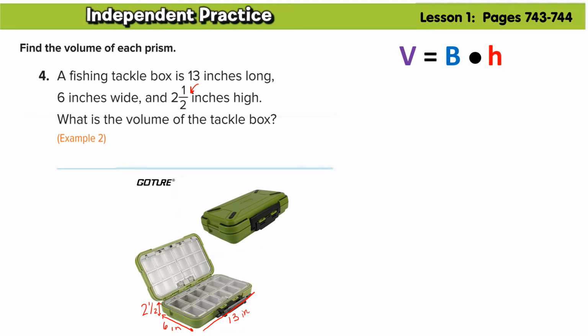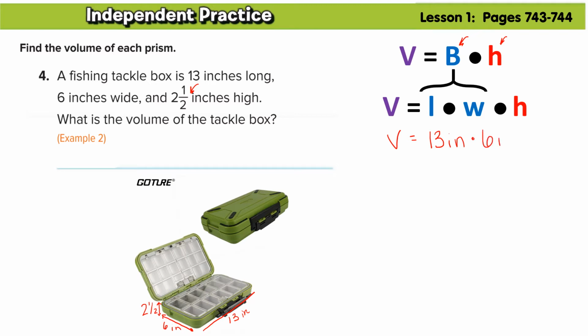And we have our formula, volume equals area of the base times the height, and we have a rectangle, so it is length times width. So our volume is going to equal 13 inches times 6 inches times 2.5 inches.